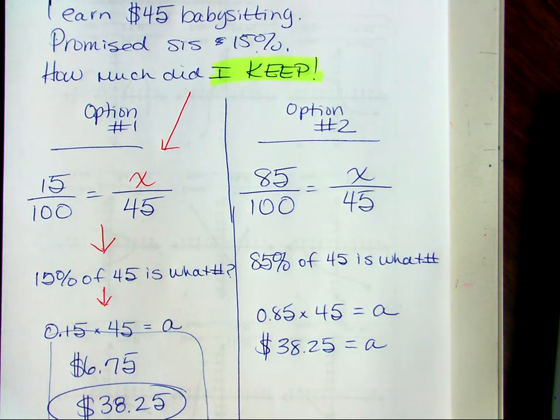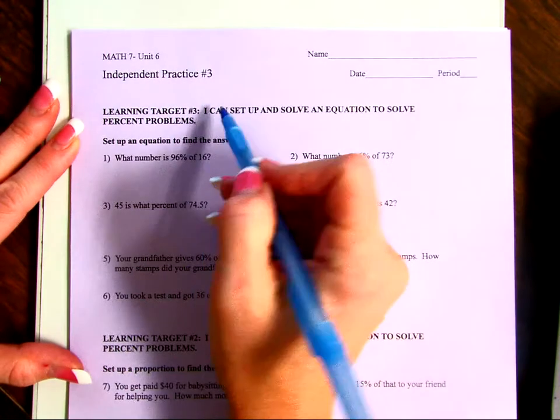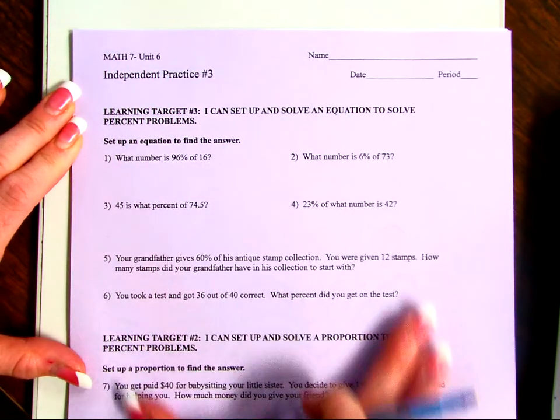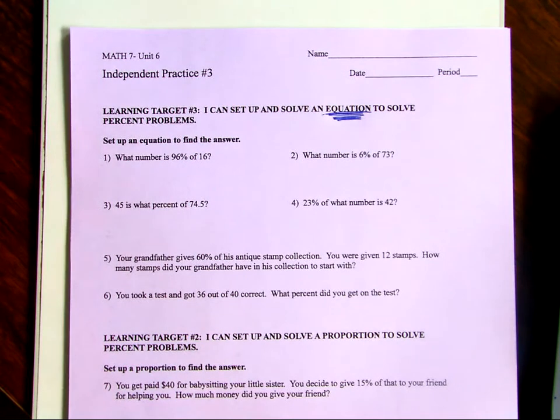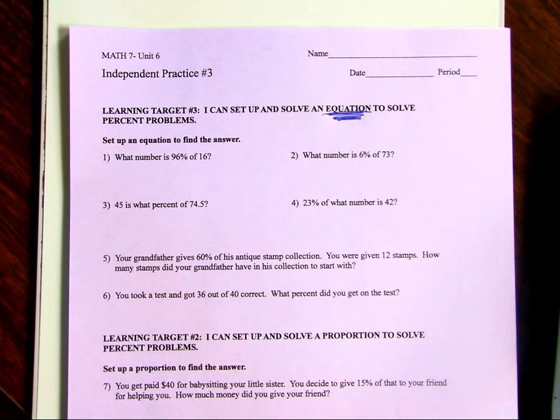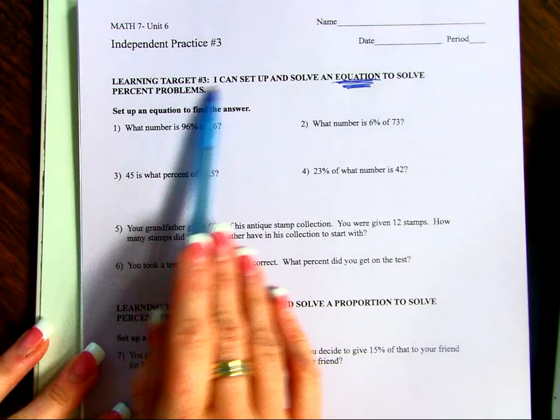So here's what I would like to give you today. Independent practice 3. We are still focused on our main goal, which is equations. However, do you think you could use a proportion to help you get to that equation? Yes. So for every one of these, actually, if you read, look, this is set up an equation for these.